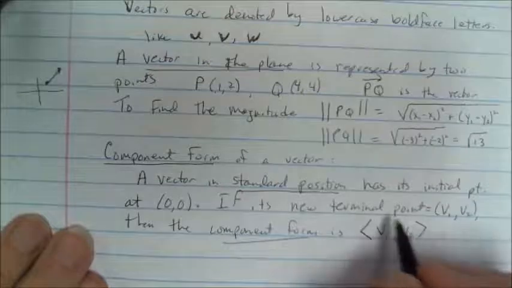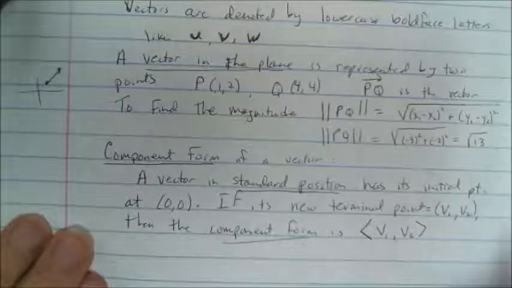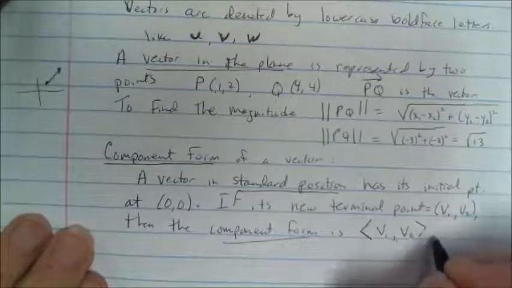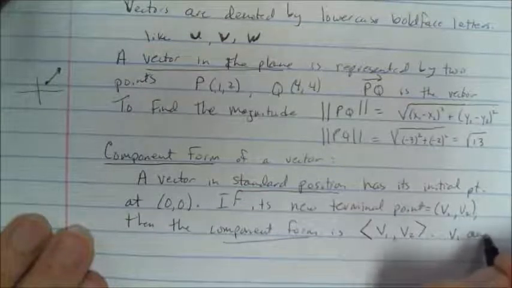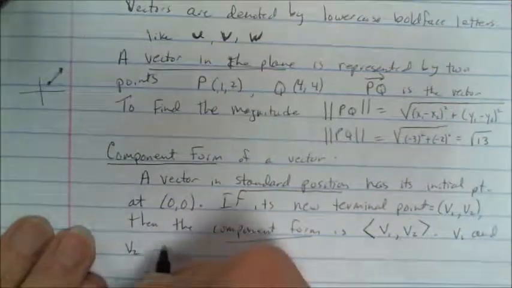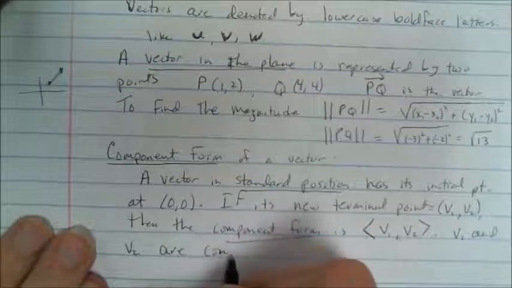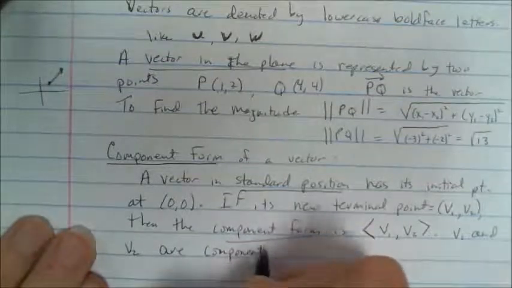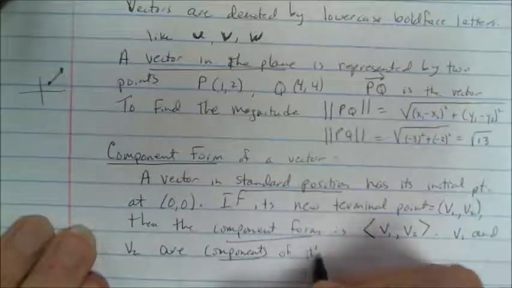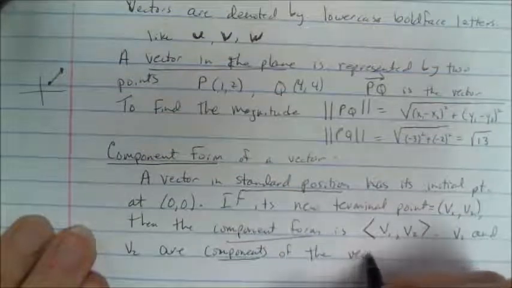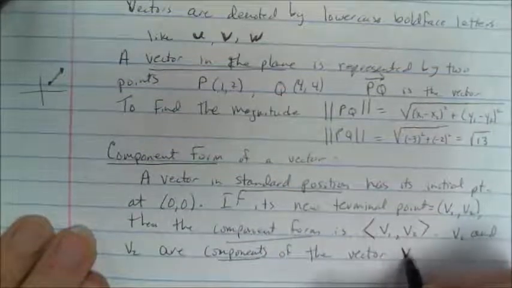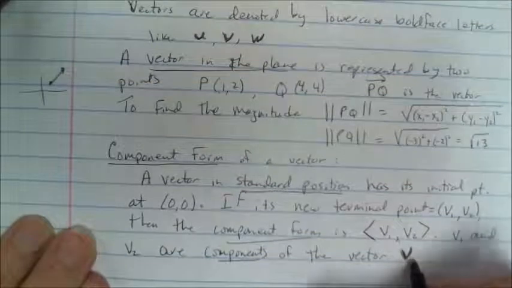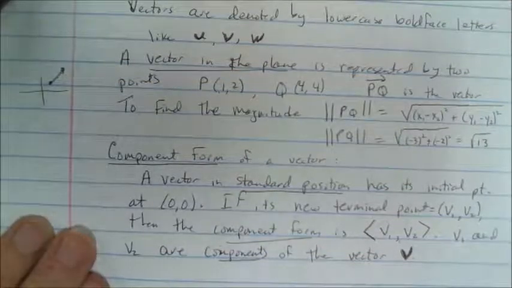So v1 and v2 are called components of the vector v, and I'll denote v with a boldface type there.